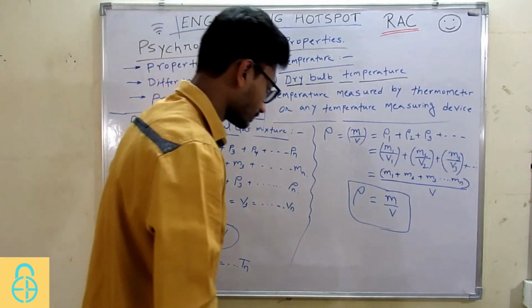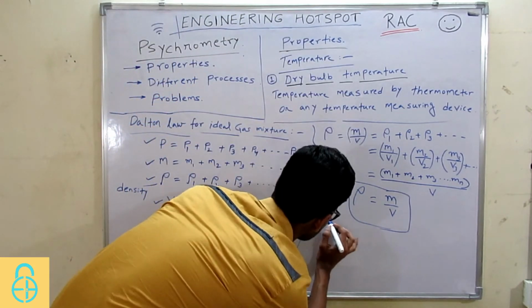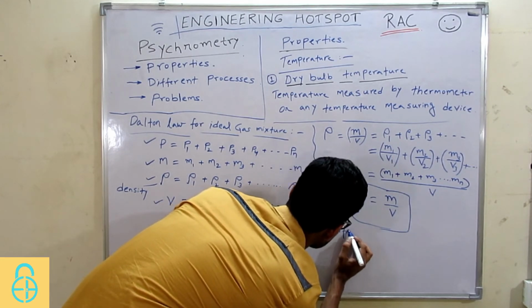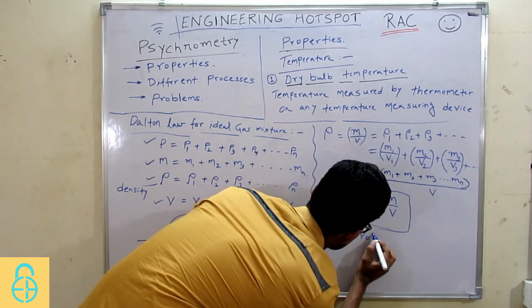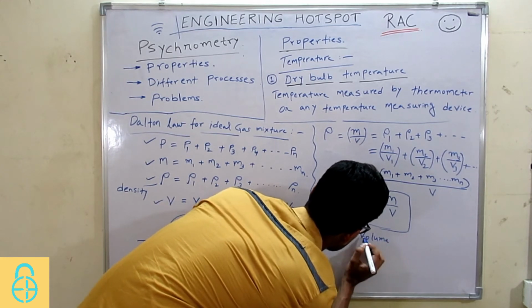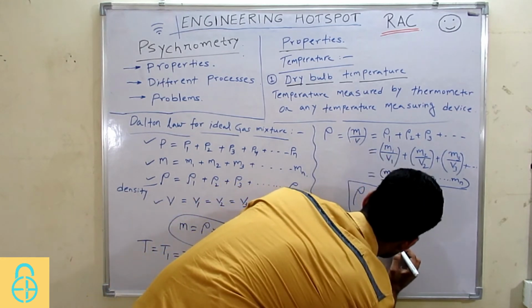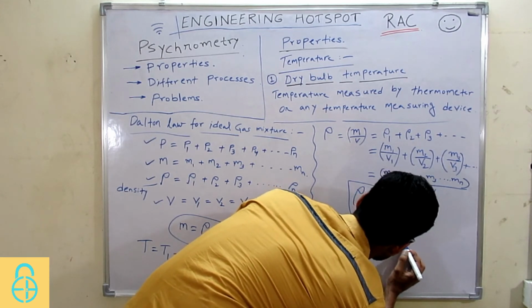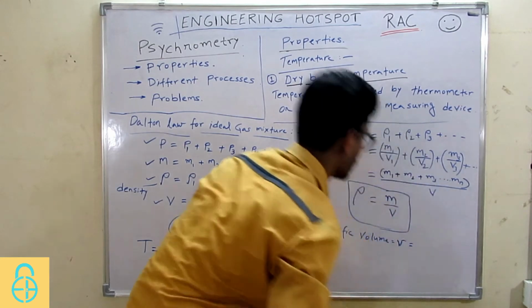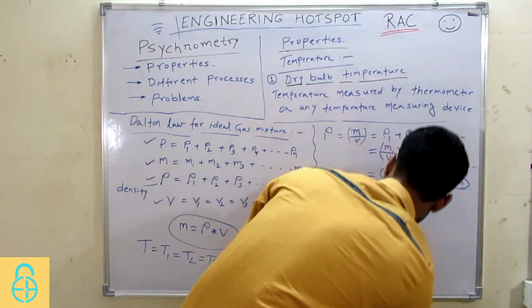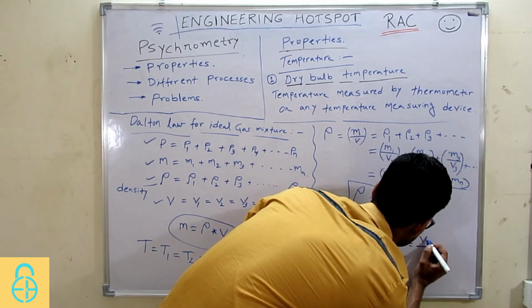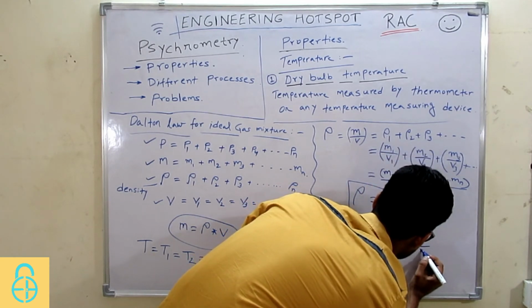Okay. We know specific volume. What is specific volume? Specific volume means, and denoting this in this way, this is actually total volume divided by mass.